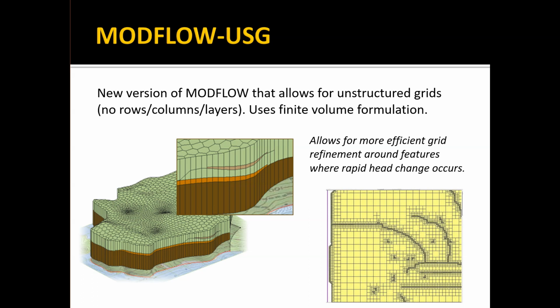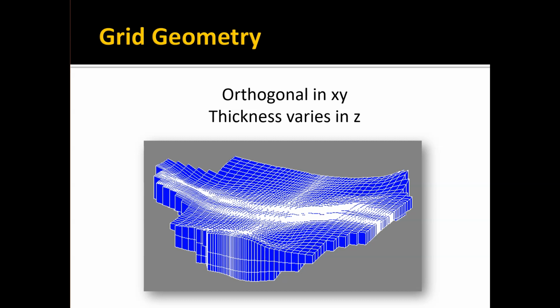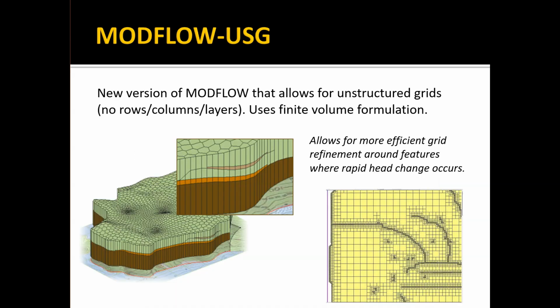Well, if you're using this Cartesian representation, if you want to have a small grid cell at some point, you have to extend that small size over the entire row and column that it intersects with. So if you have a bunch of locations where you want to have a really fine grid resolution, you end up having to have that same grid resolution over a large part of your grid.